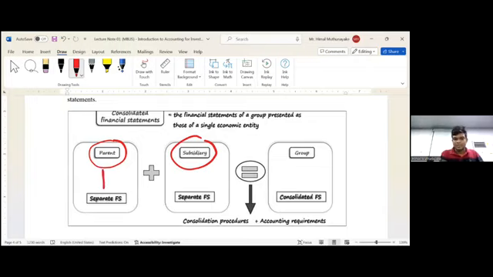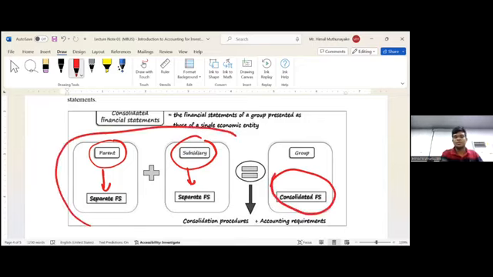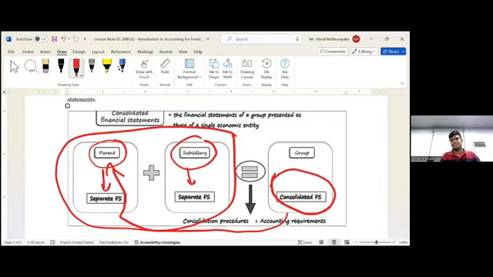You need to prepare separate financial statements for the parent company as well as for the subsidiary company, and also the consolidated financial statements for the whole group. The responsibility of preparing the group financial statements is with the parent.